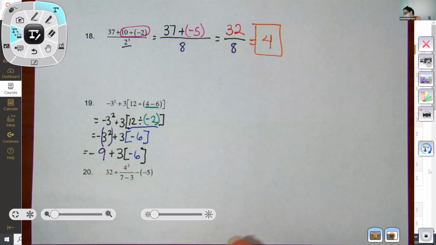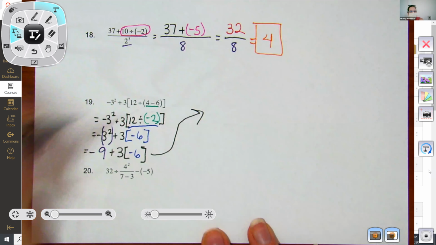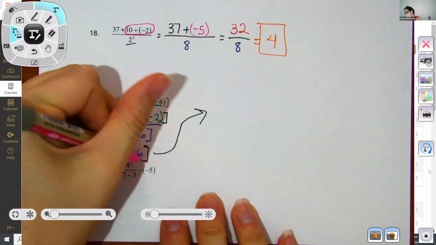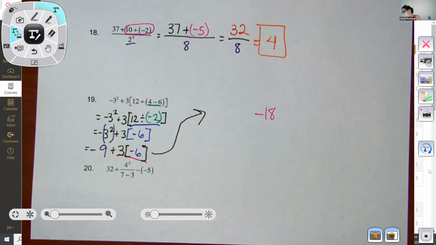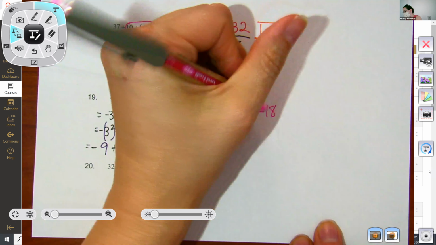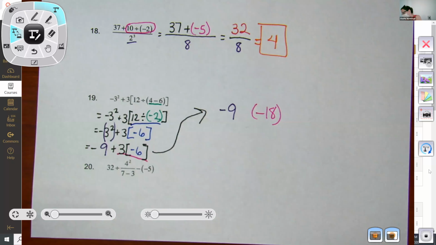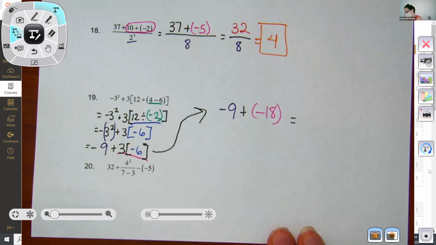It wasn't just me. All right, so then 3 times -6 equals -18. So we have -9 plus -18, which equals -27.